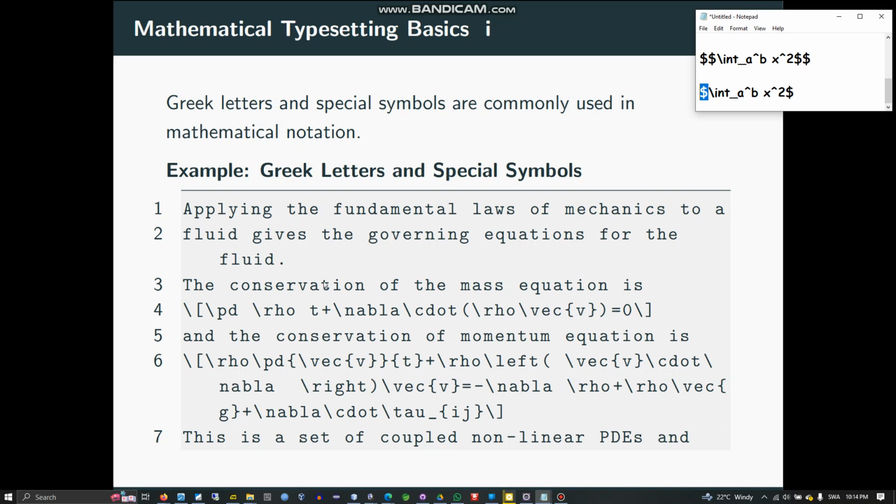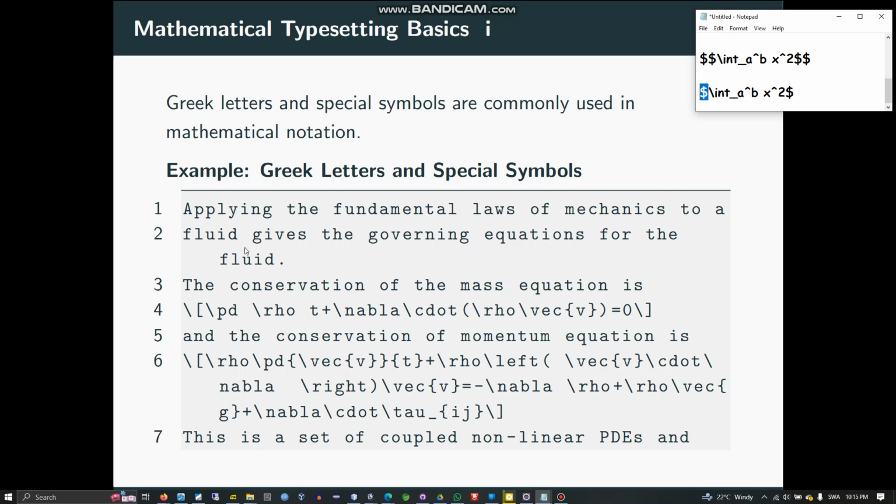And you're left wondering, what sign is this, and is it possible to get it from my keyboard, from my computer? Because when I look at my computer, I don't see that sign. Don't worry. They are Greek letters or special symbols, and LaTeX offers that.